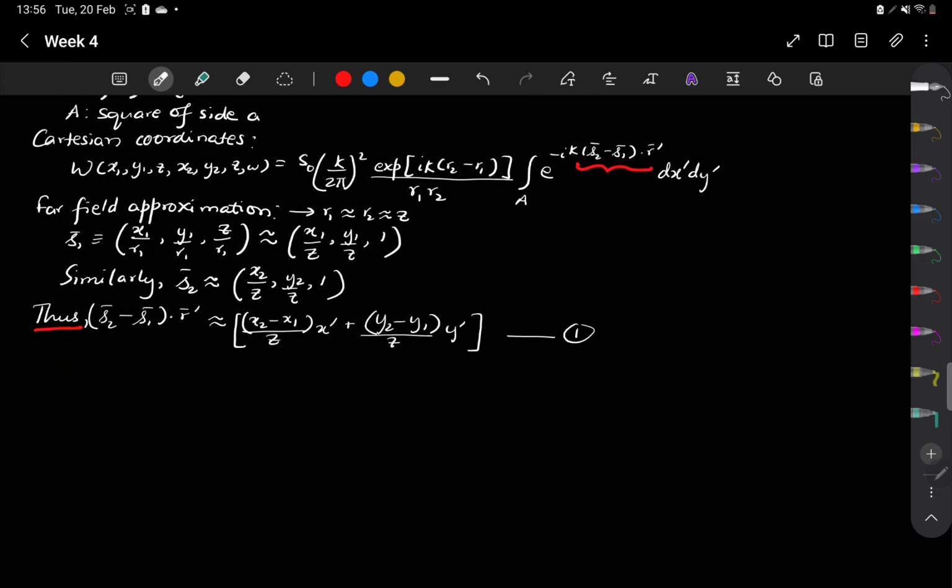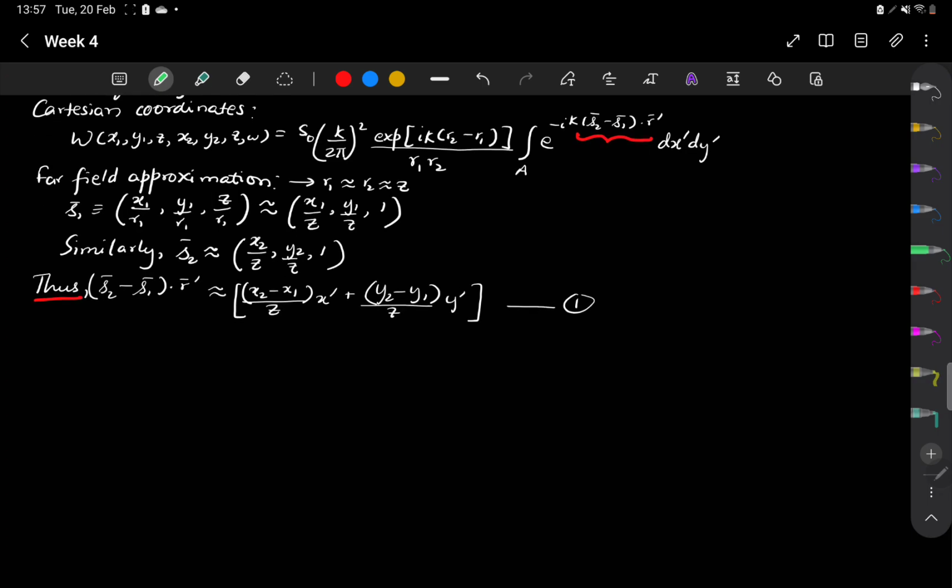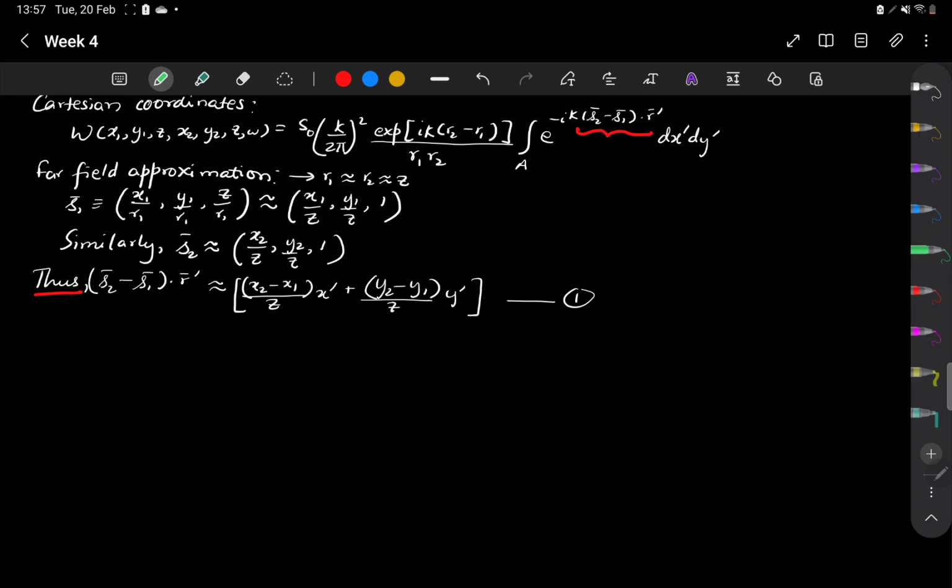And let me call this equation 1. So now, using this approximation, we can rewrite our cross spectral density function as follows.